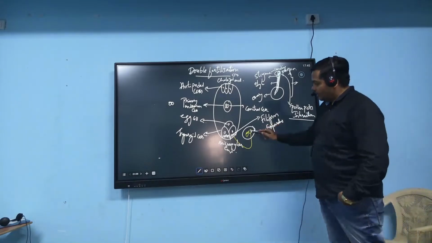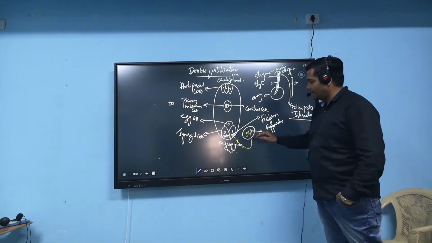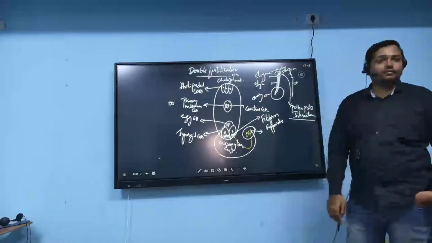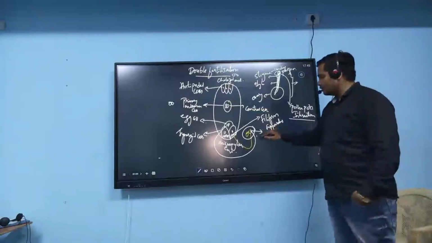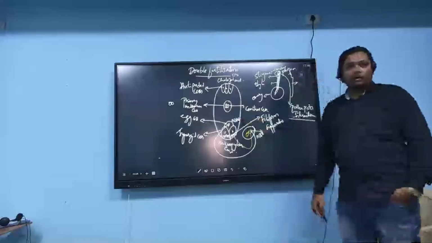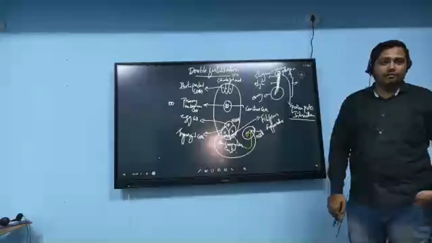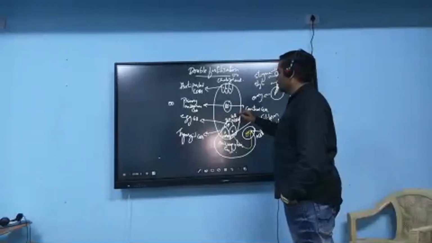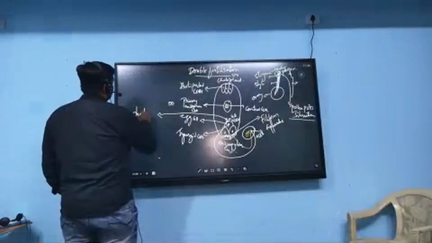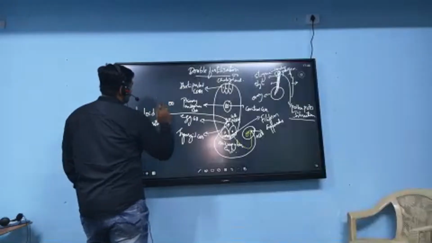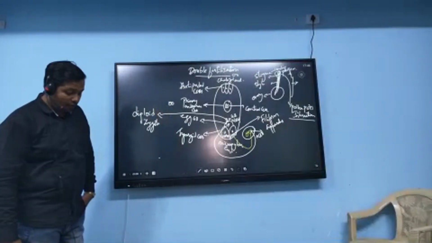So this male gamete, with the guidance of the filiform apparatus, will go and fuse with the egg cell. This is one N cell. Now the N cells fuse together. It will become a 2N cell. That leads to the formation of a diploid zygote.